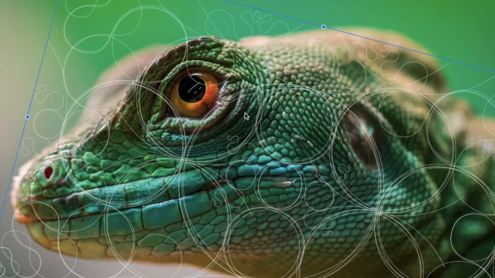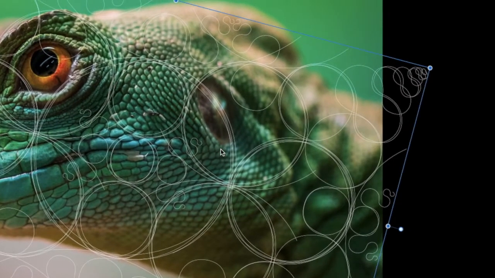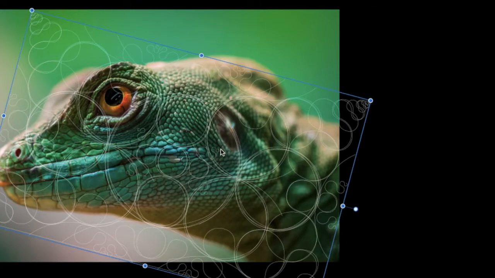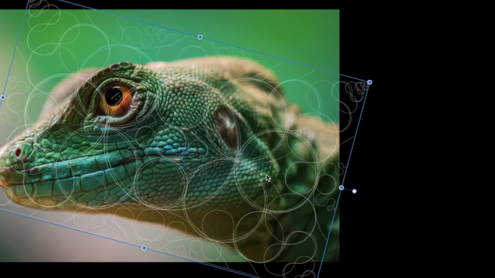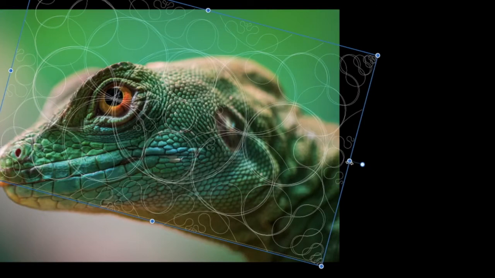Just doing that eye really well, and then isolating the eyeball. Or those two points.